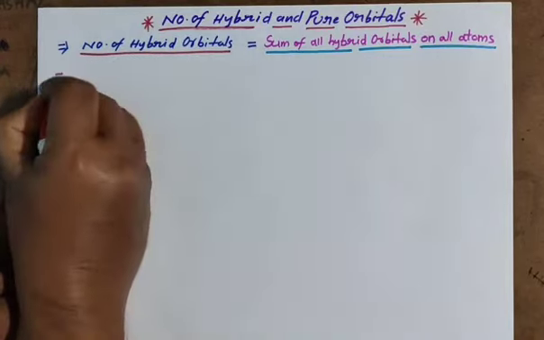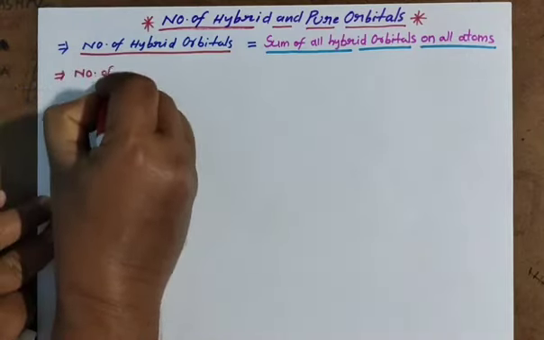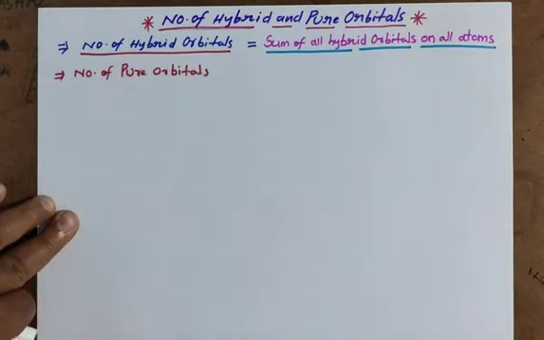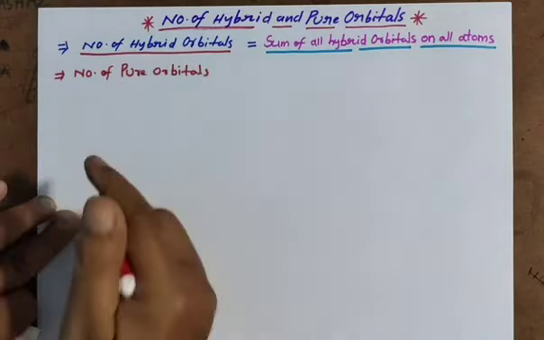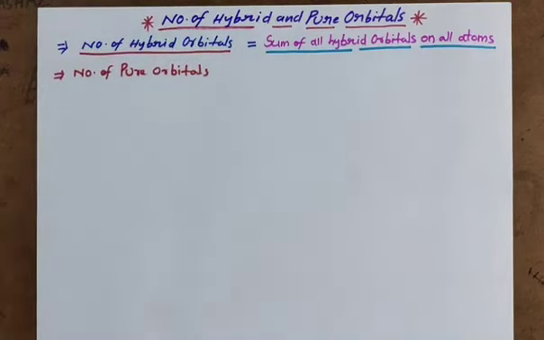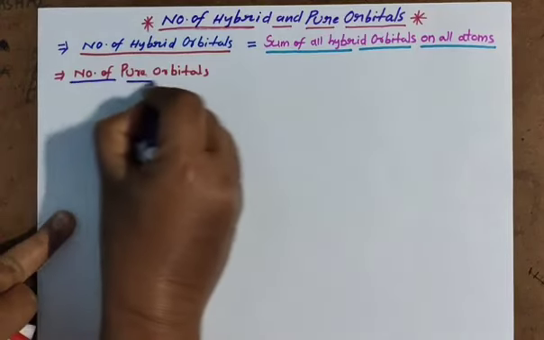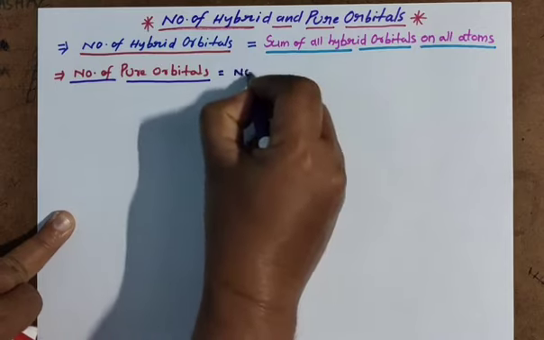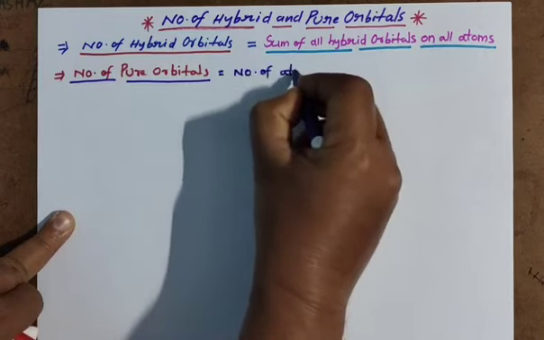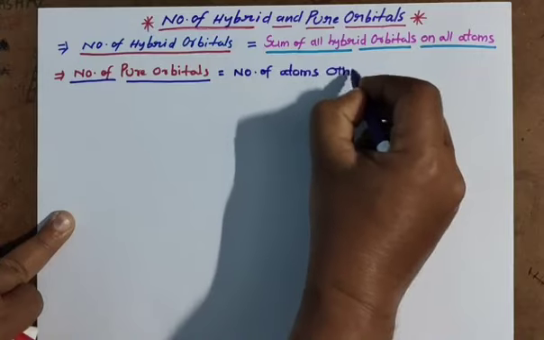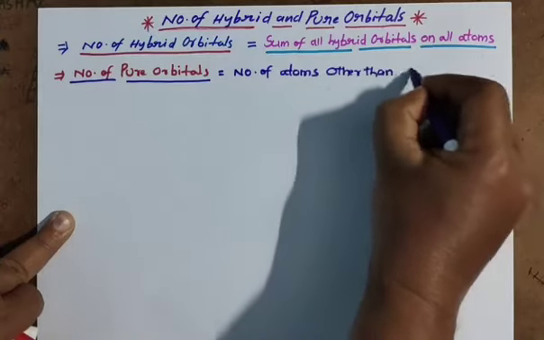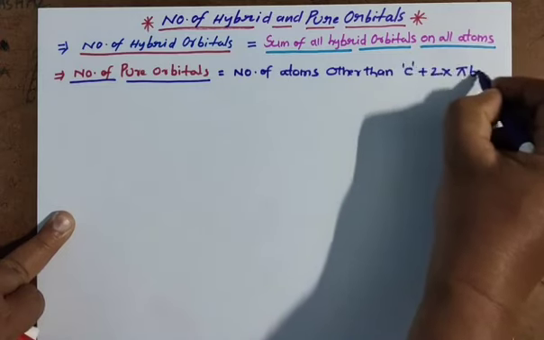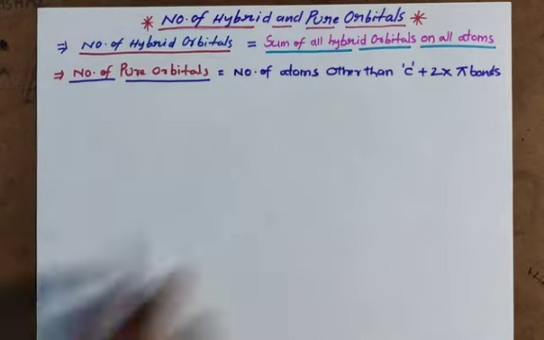Now, number of pure orbitals. How to calculate the number of pure orbitals? Number of pure orbitals equals, we have a simple formula: number of atoms other than carbon plus 2 into pi bonds, means 2 into number of pi bonds.